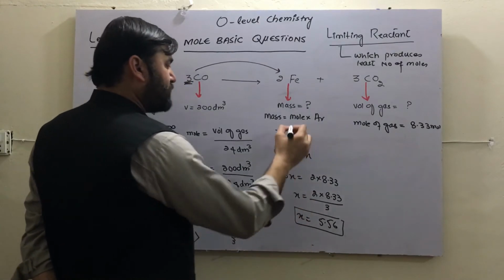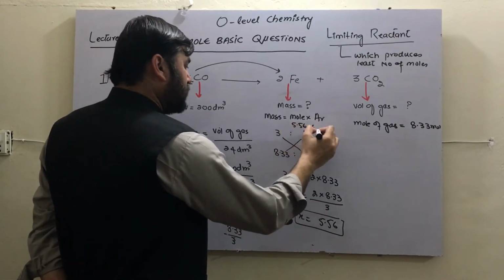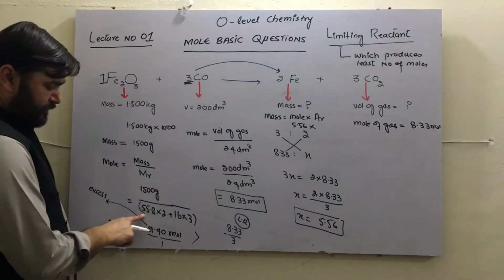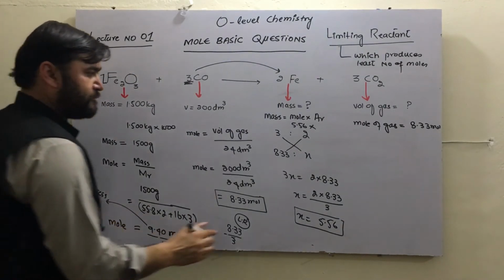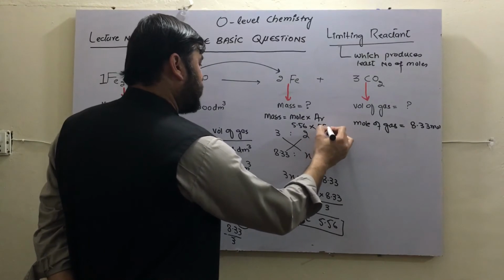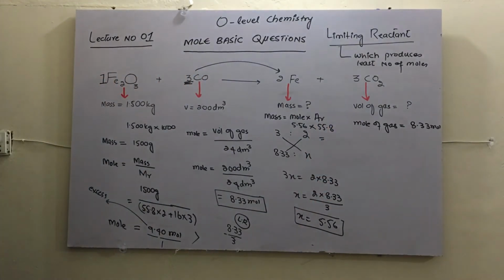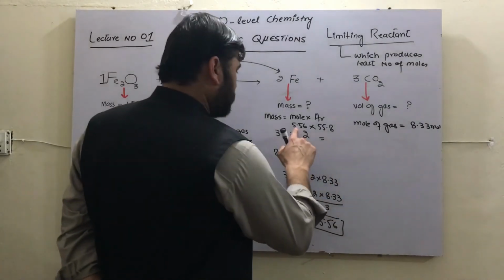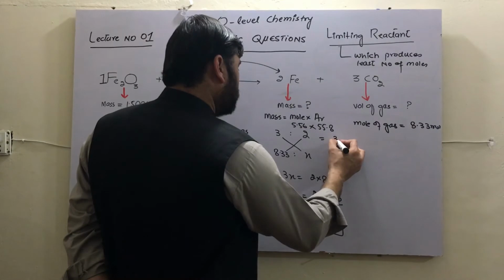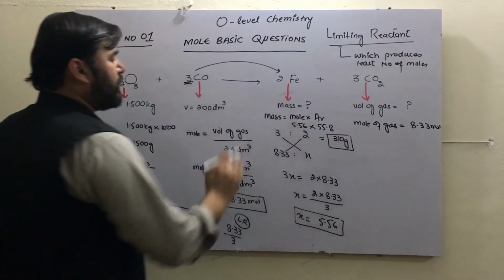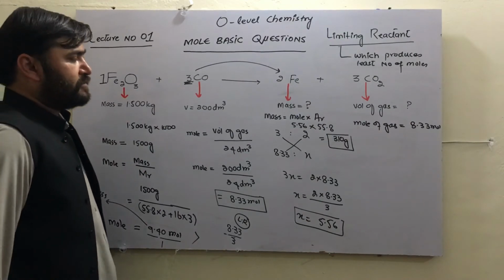So mole is 5.56 and the atomic mass of iron is, here we used 55.8. So if you multiply it with this, the answer will be roundabout 310 grams. So we found out the mass, that is 310 grams.